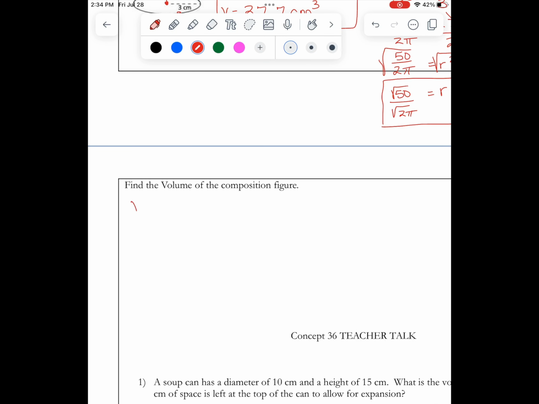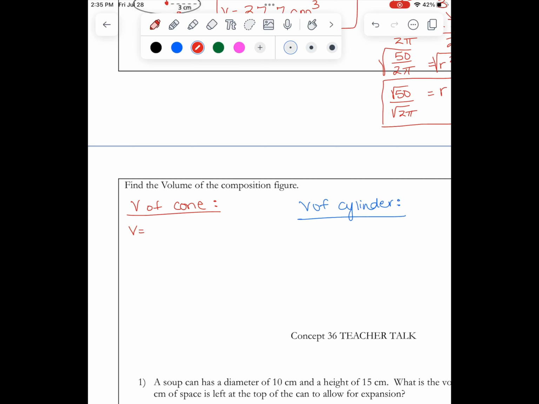So, the first thing I'm going to do is find the volume of the cone. And then over here, I'll find the volume of the cylinder. And at the end, we'll add them together.